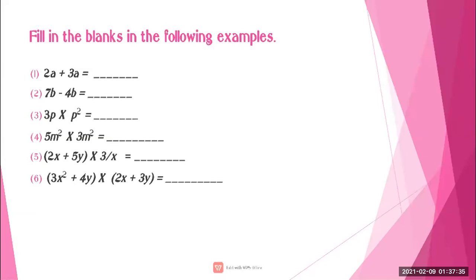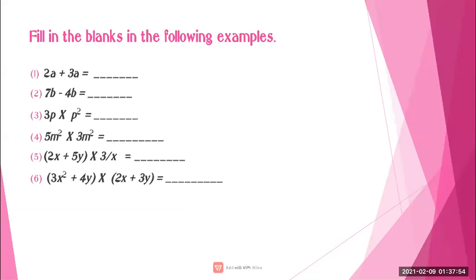Very good. Here it is addition. In addition, we are not going to count the variable. Is it clear? So here 2 plus 3 will become 5 and a plus a will become a only, not a square, which Ria has written.